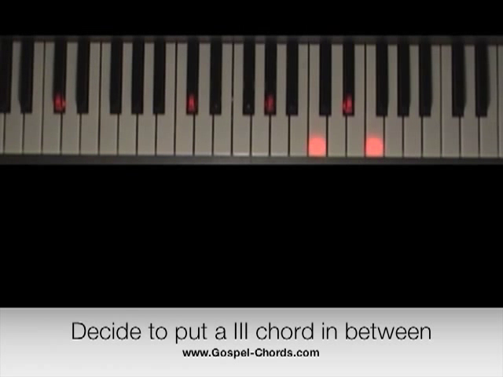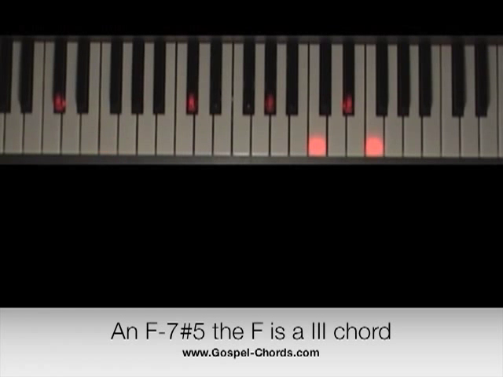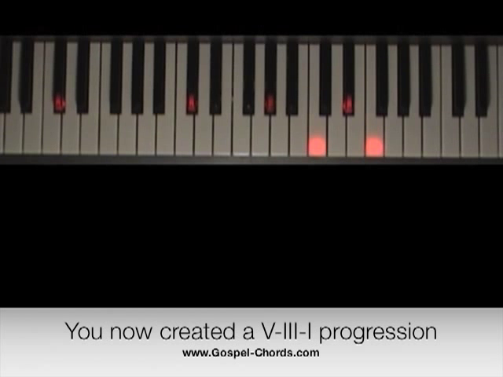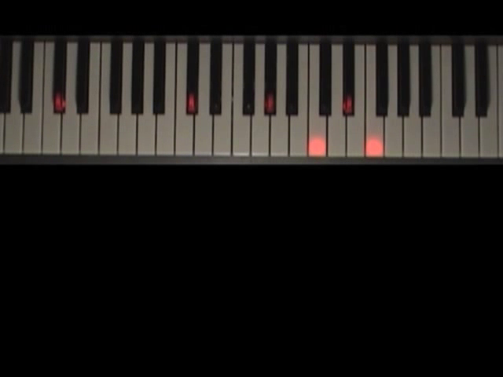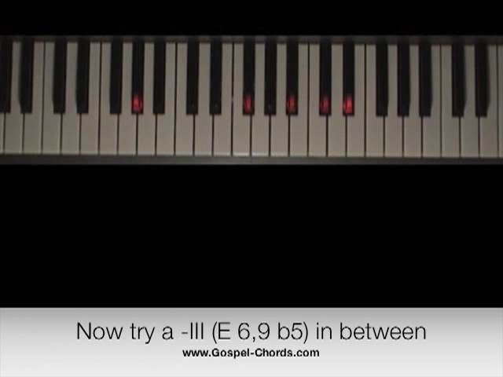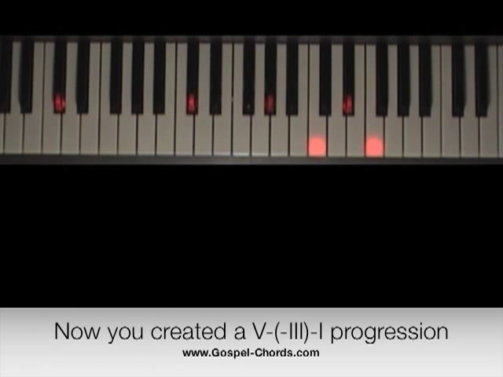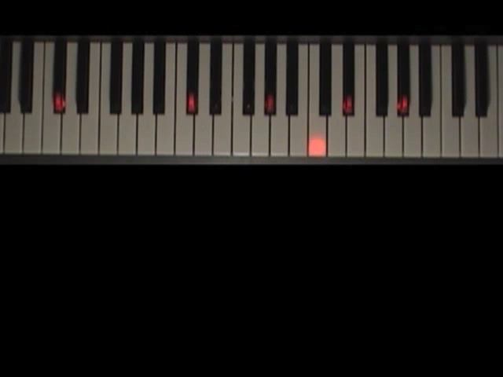Hear that transition? A flat, F to D flat. Now the next time I do it, I want to play a different chord. I want to play an E. So I go A flat to D flat. Sorry. See how different that sounds? See how that color it adds when you change it up?